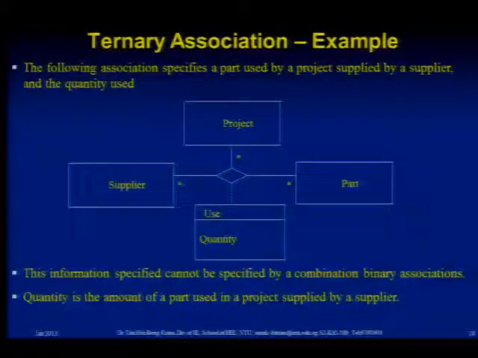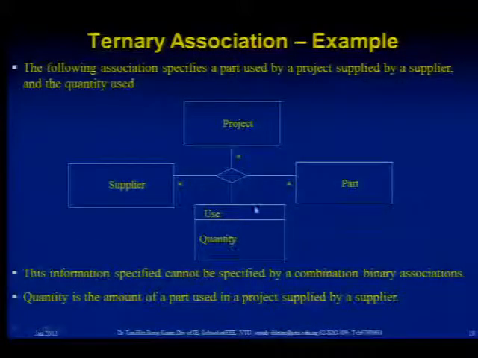Okay, now we come to a ternary association. Since we have three classes, we have to give a multiplicity to each class. Here we put all 0 to many.